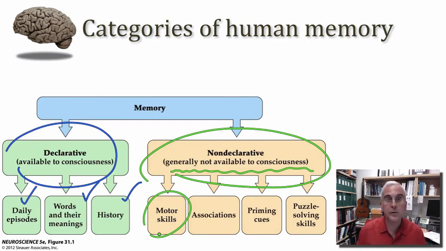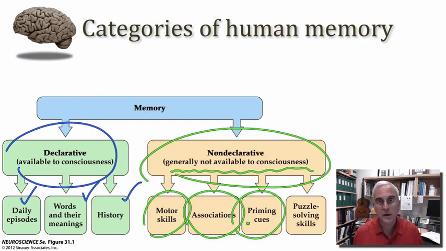Well, in addition to motor skills, there are various associations that are established, either explicitly or implicitly, and it's those implicit associations that are exemplars of non-declarative memory. There are various phenomena related to priming that is a form of memory that is non-declarative.